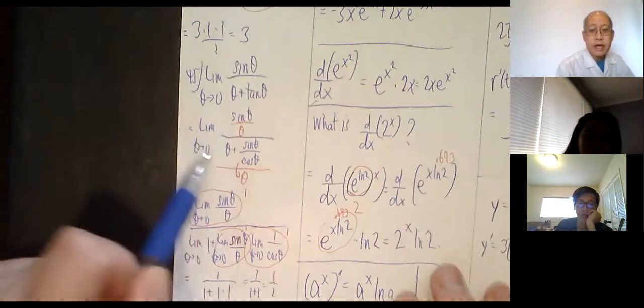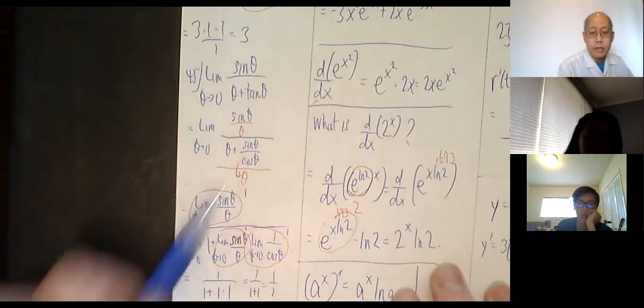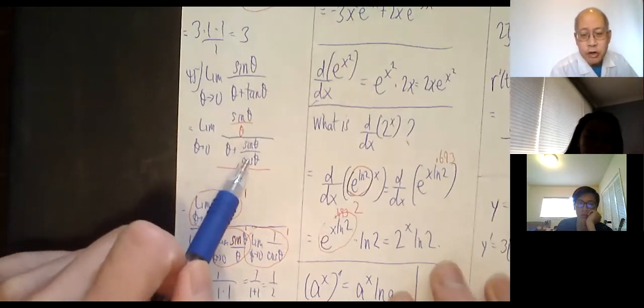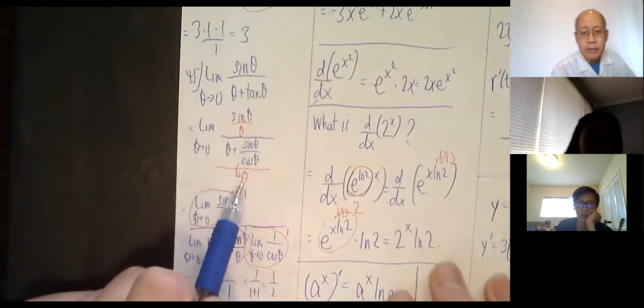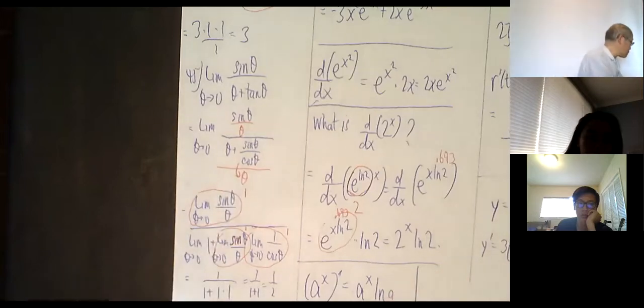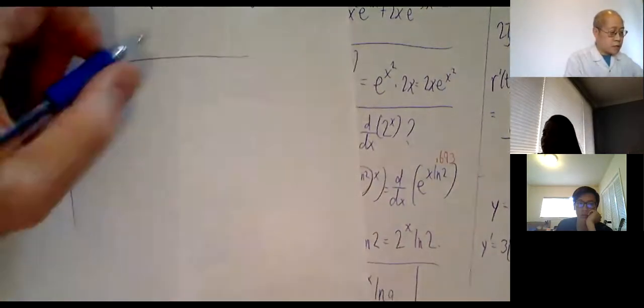That's what I want. This is theta over theta, which is 1. What I'm trying to illustrate here is this. If you have sine theta over cosine theta, the whole thing divided by theta, you're allowed to slide the cosine of theta down and join over here. In other words, what I'm trying to say is this. Have you ever seen something like this?